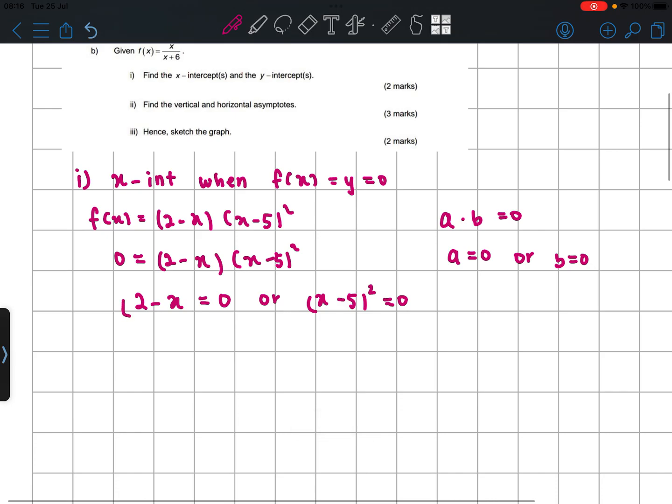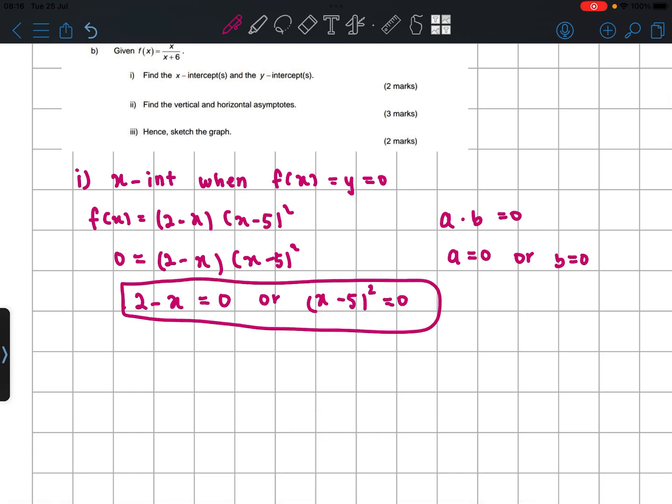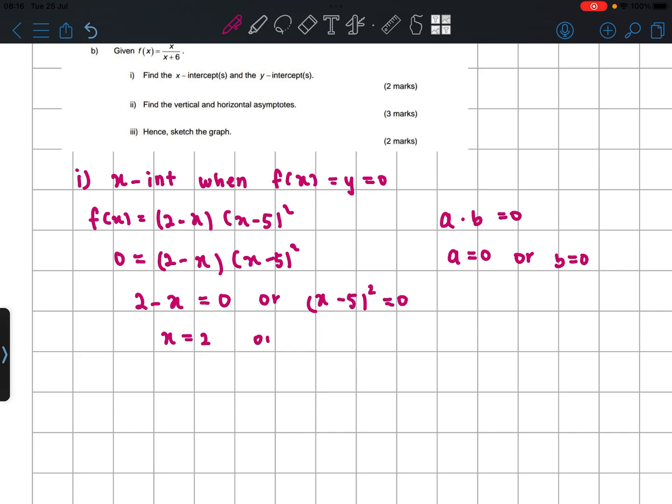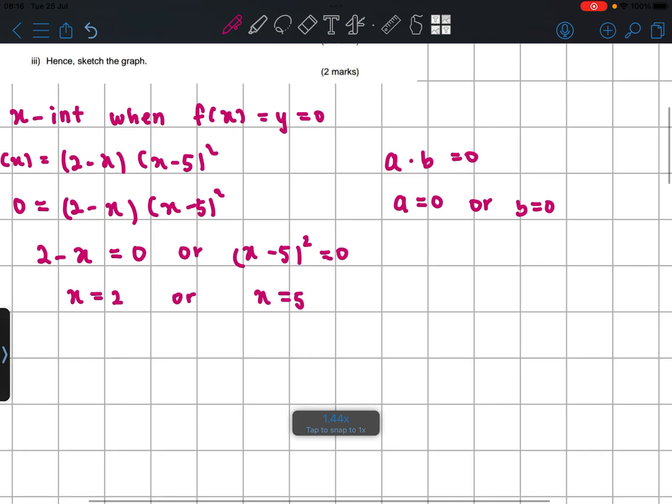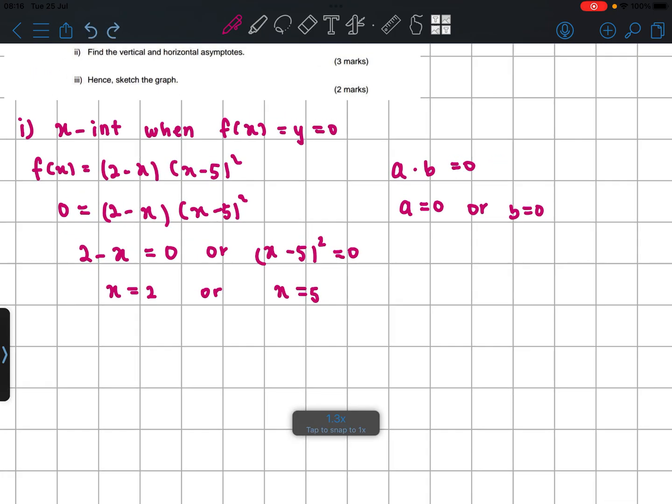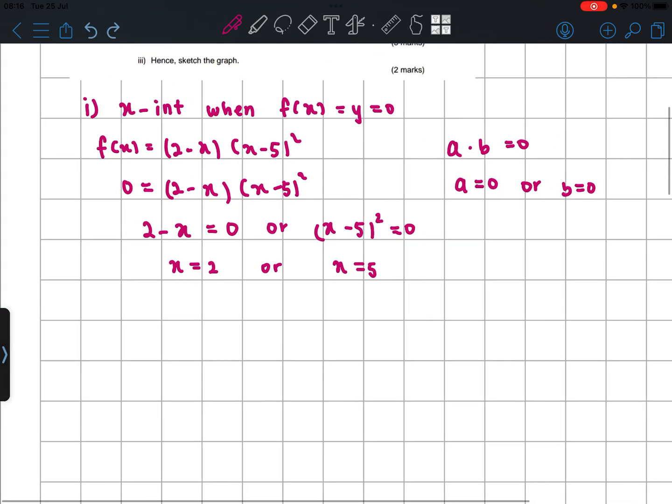So we solve this. 2 minus x is 0, then you have x equals 2 or x equals 5, right? Because when you substitute in the 5, you will get 0, and substituting in 2, you will get 0. Same thing. Okay, so this is your x-intercept.